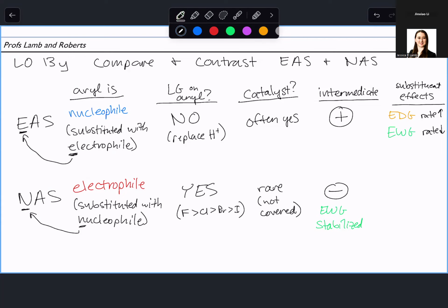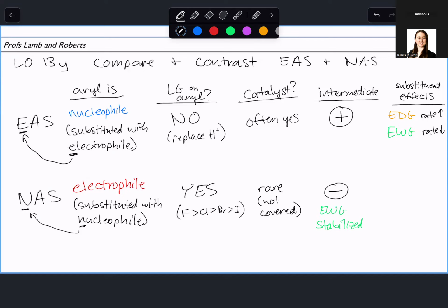That's the activator, deactivator language. And again, relate that back to the fact that the aryl ring is the nucleophile. So if you have an electron donating group, you make the nucleophile better at its job, it goes faster. Electron withdrawing group makes a nucleophile worse at its job, it goes slower.